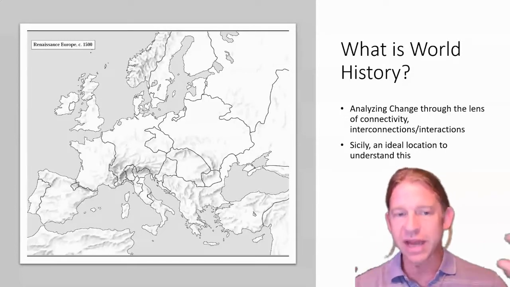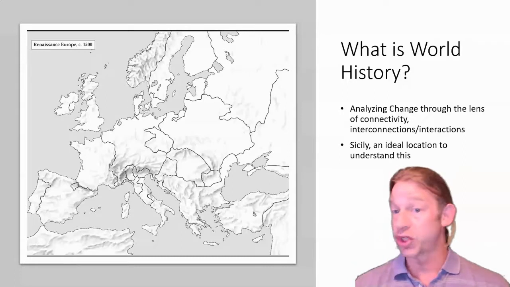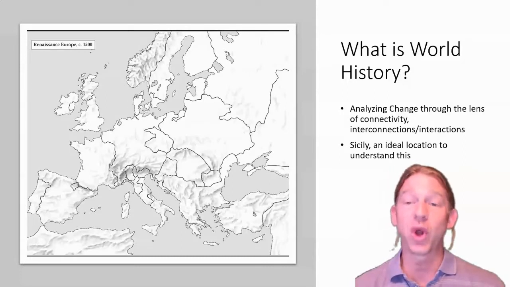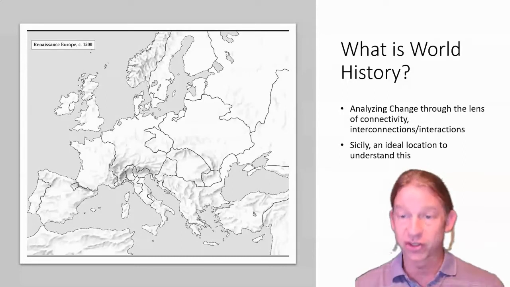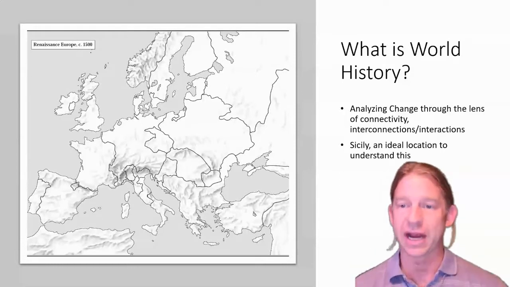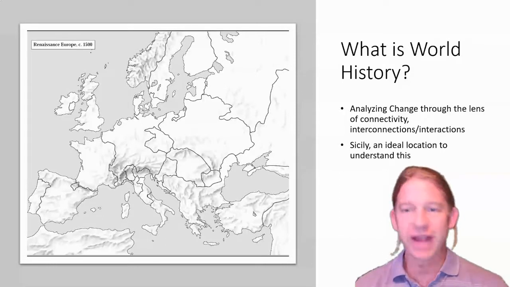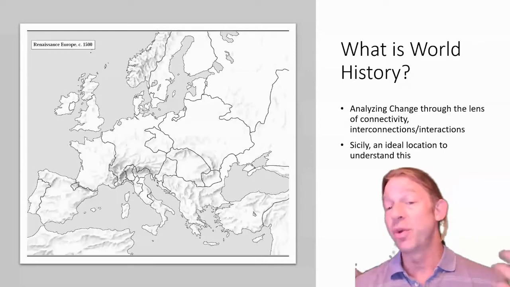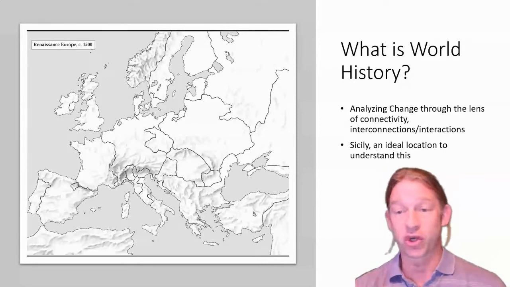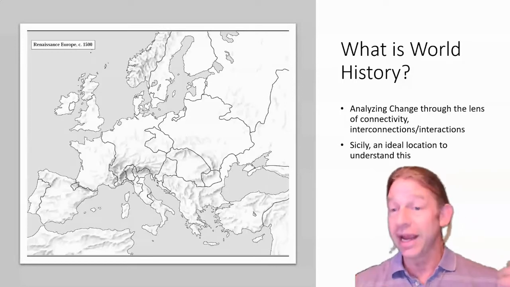Okay, so understanding how historical change develops as a result of interconnections, global world interconnections, the interactions of people, of animals, of diseases, through processes such as trade, war, economic exchanges, and so on.